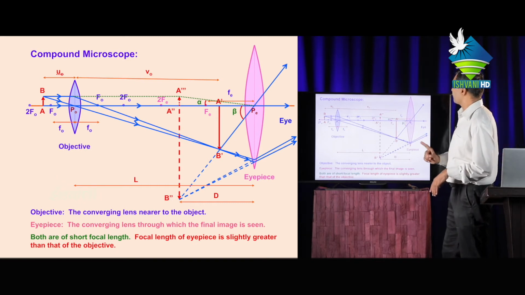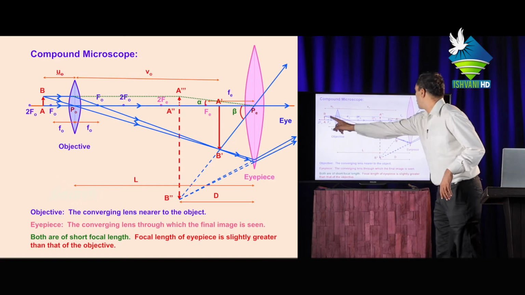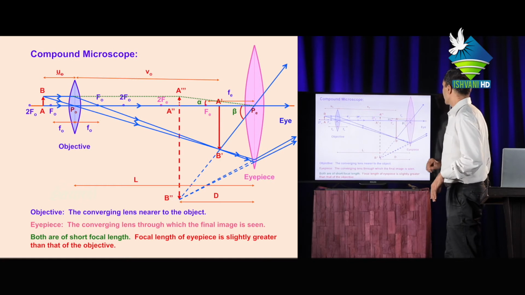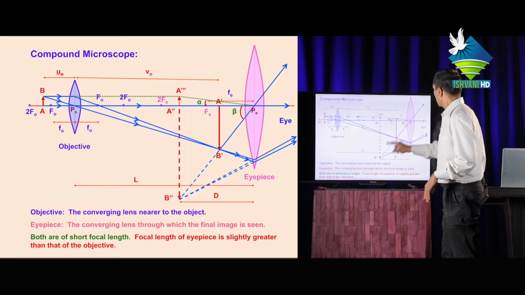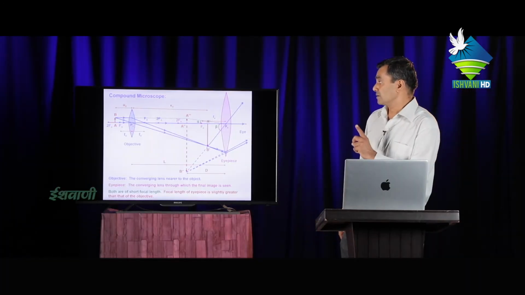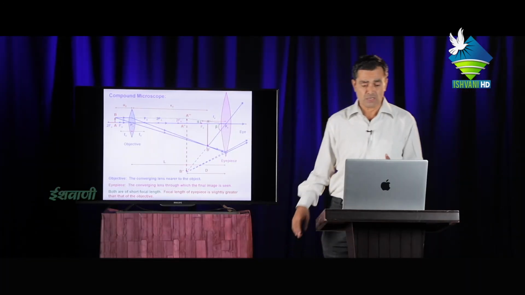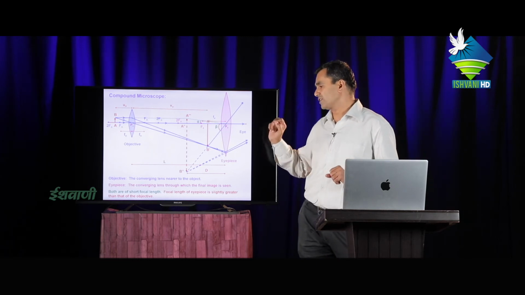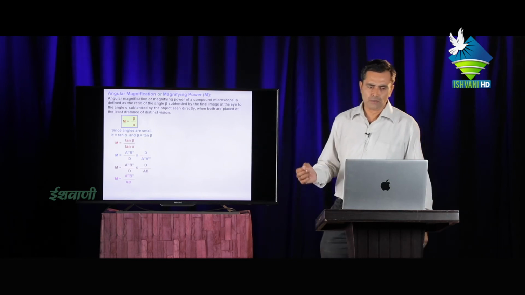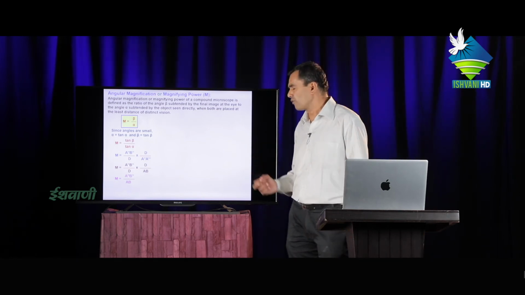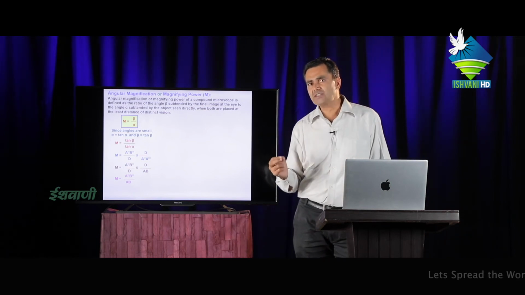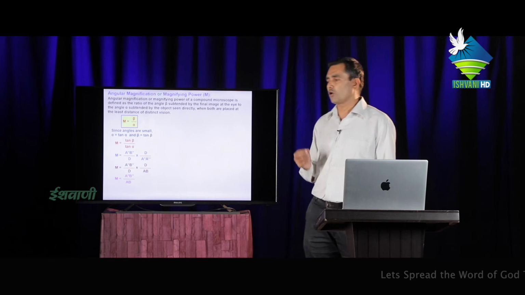Then the angle formed by the object with the principal axis is alpha, and the angle formed by the image with the optic axis is beta. Then we know that magnifying power m equals length of image to length of object. Angular magnification or magnifying power will be equal to the angle formed by the image to the angle formed by the object.